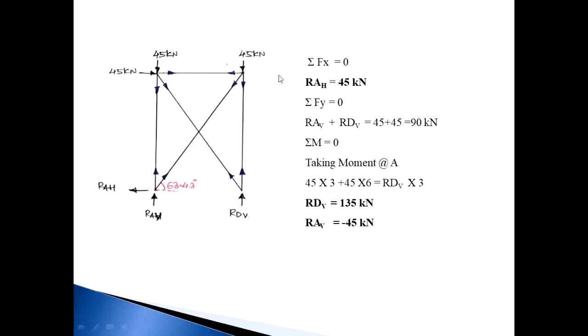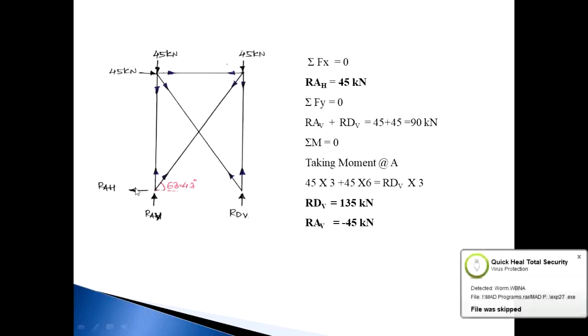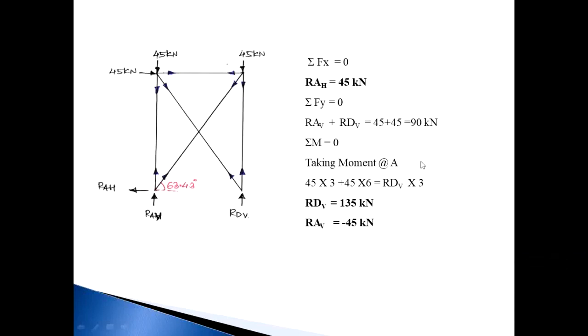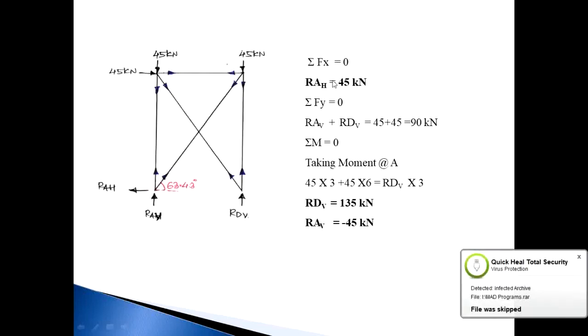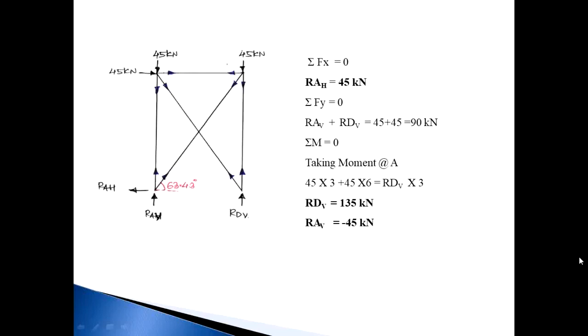So first of all calculate RAH. Summation Fx is equal to 0: forces in the horizontal direction, right side is equal to left side. The force going to the right is 45 kilonewton, and the force going to the left is RAH. So RAH is equal to 45 kilonewton.